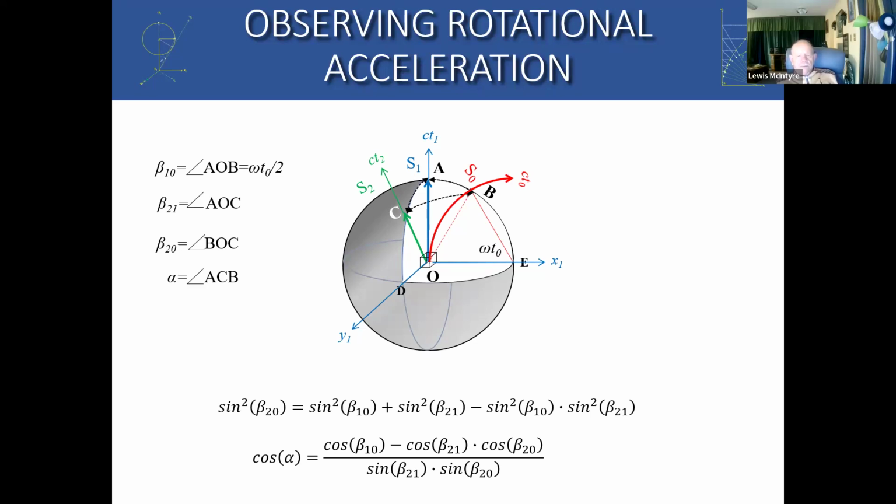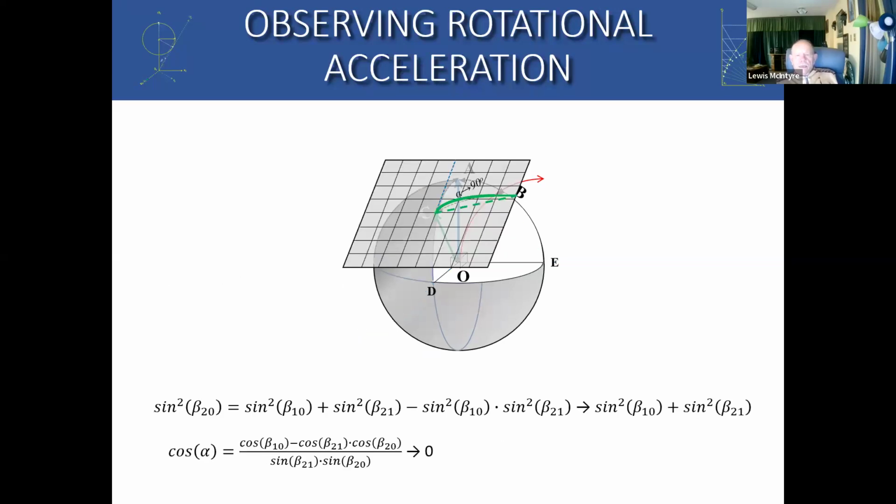Alpha is the time-varying angle, ACB, between S2's measurement of S1 and of S0. S2's XY plane will be tangent to the sphere at C.